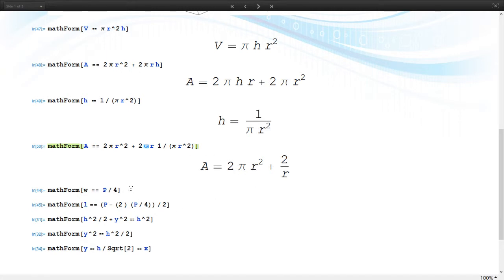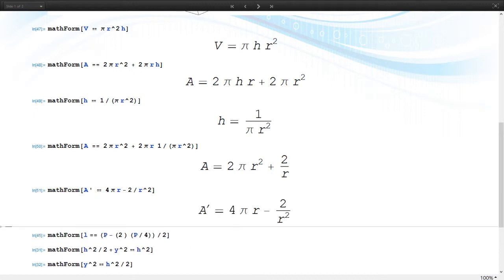So we have this, and we want to take its derivative. So that's going to be A prime is equal to 4 pi r minus 2 over r squared. And we want to set this equal to 0.